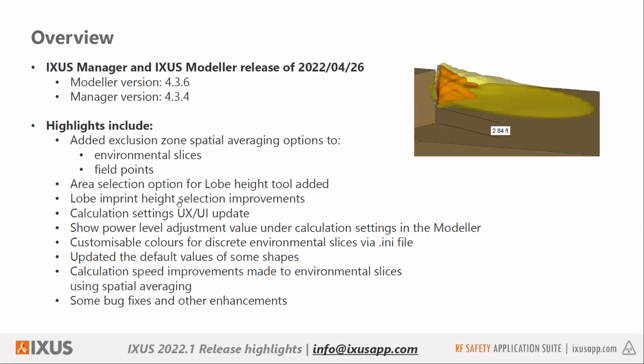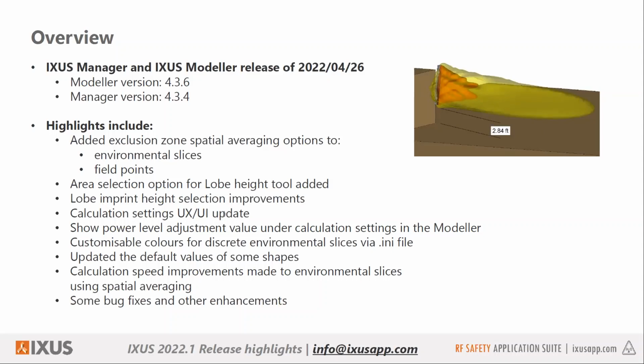We've also enhanced the way in the data, the metadata that's associated with lobe imprints. So I will show you a bit later the lobe imprint tool also, and how it now keeps track of at which height this imprint was performed.